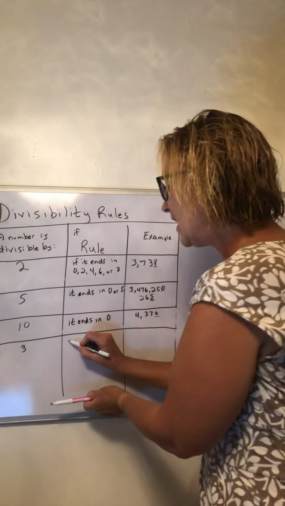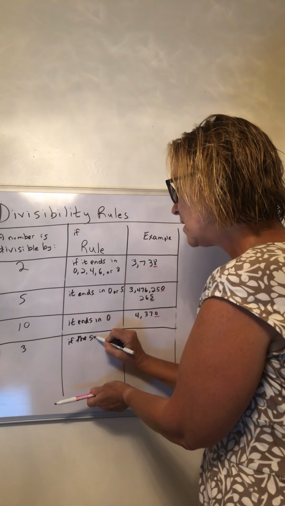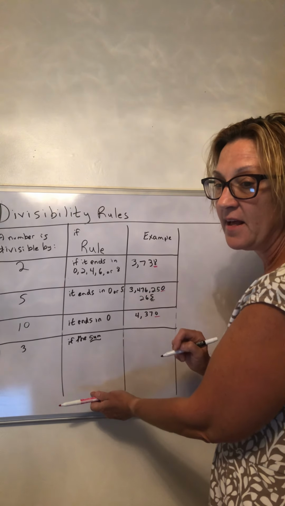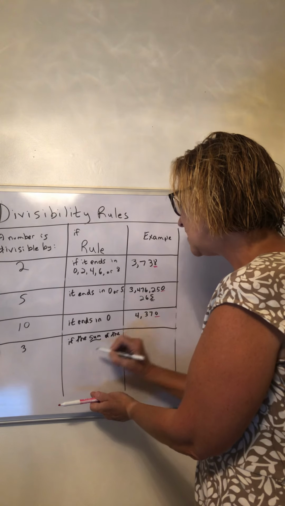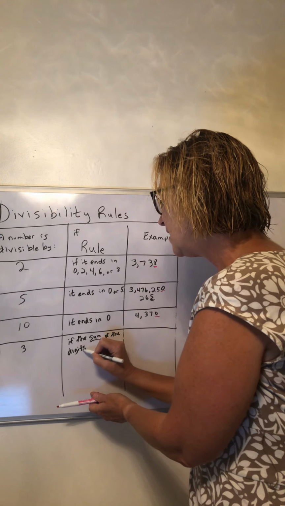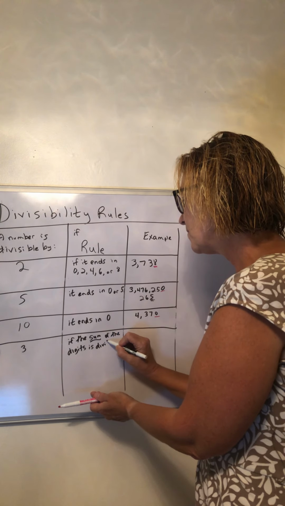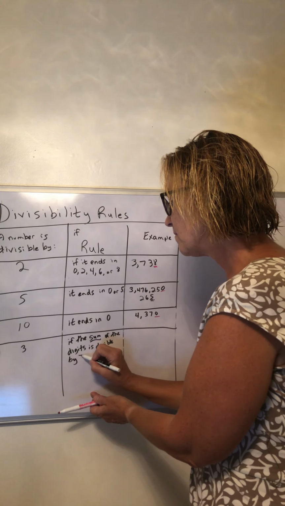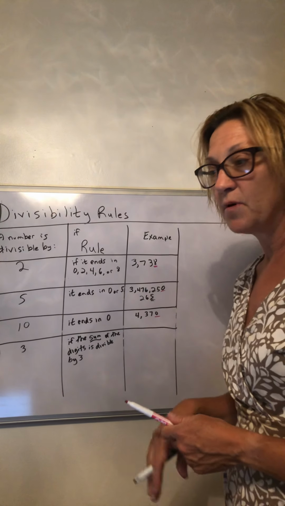We say if the sum, that means when you add numbers together, that's the sum, if the sum of the digits is divisible by 3, then the whole entire number is going to be divisible by 3.